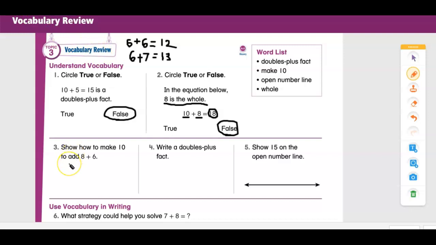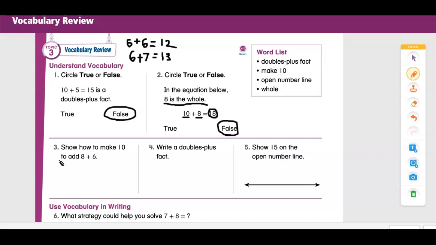On number 3, there are a few different ways that you can answer this question. It says, show how to make 10 to add 8 plus 6. I know that we have a few different ways of solving. Some may just rewrite the equation, and some might make a tens frame.